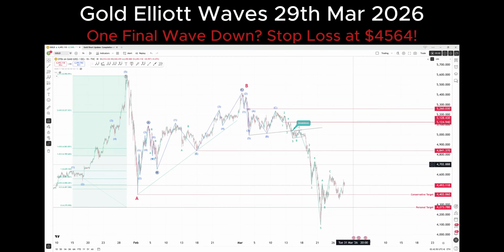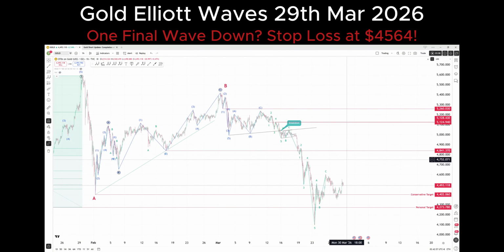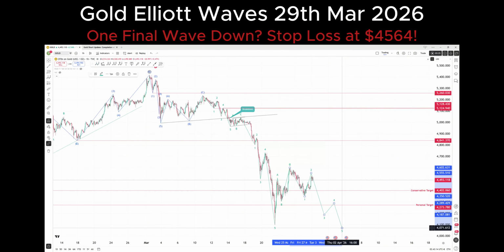So there's this kind of possibility that can happen. But in terms of the cleanliness of the wave, I would say that this is a wave one, and this could be a wave two. And then we have a wave three, maybe a four and a five.